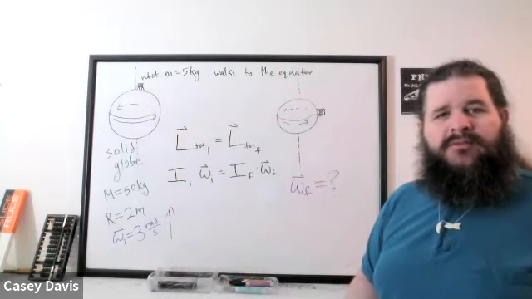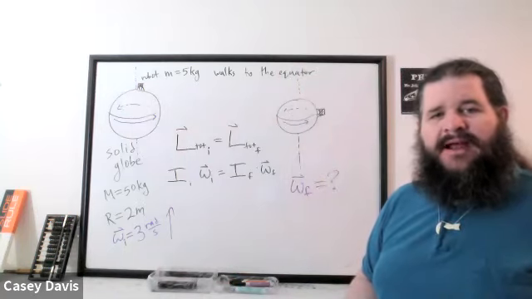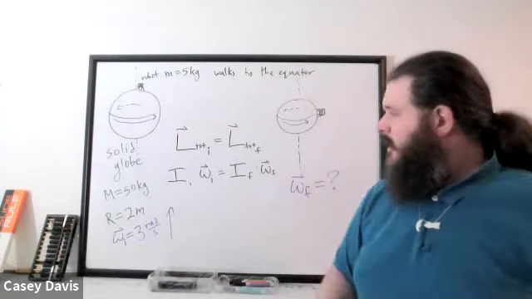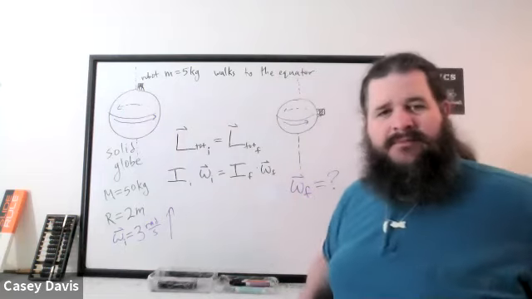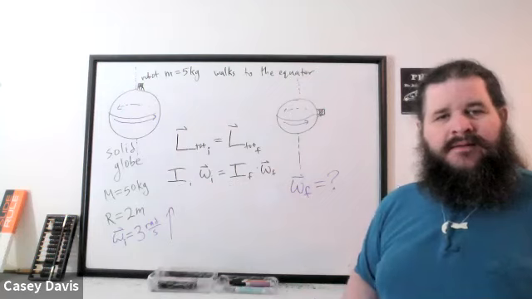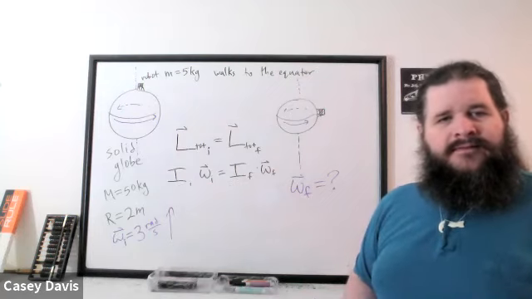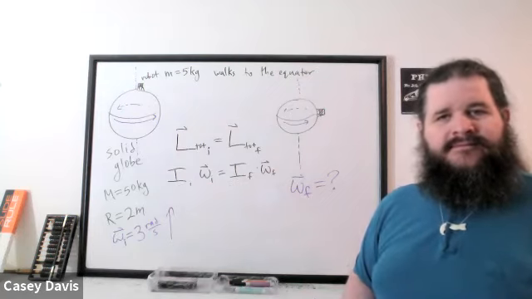So if the robot has moved further from the axle, if some of the mass has moved further outwards, what happens to the moment of inertia? Does it increase?